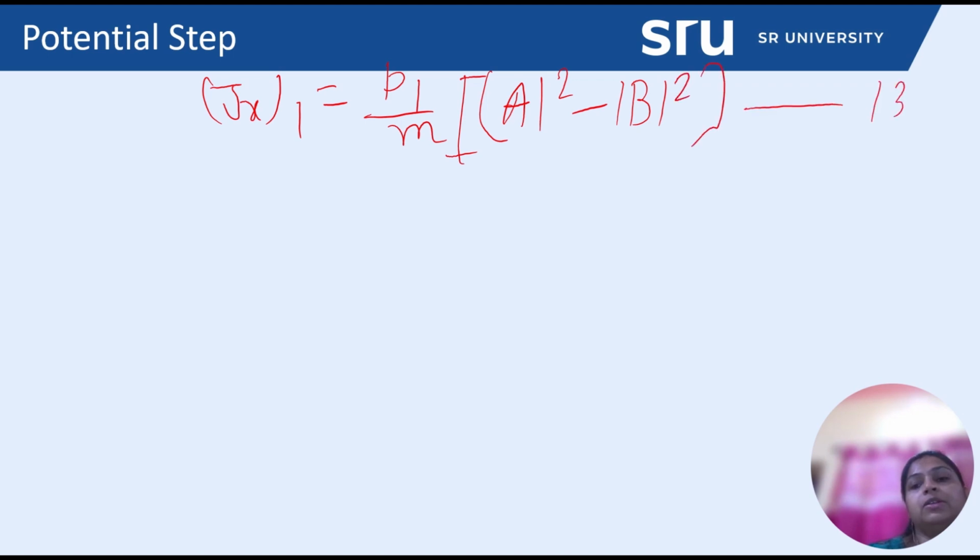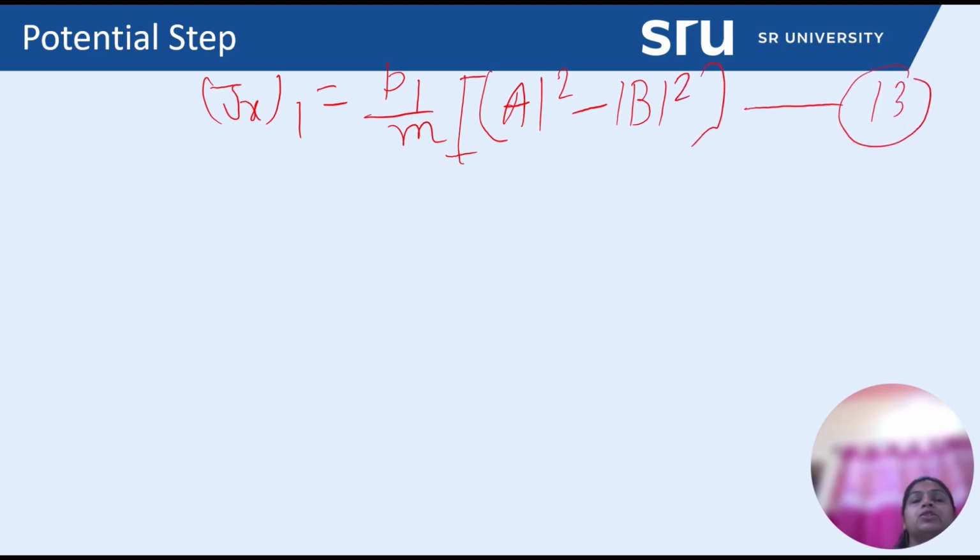This can be found in terms of both the constants A and B with p1. So basically p1 by m times (A square minus B square). So this is, let's say, equation number 30.